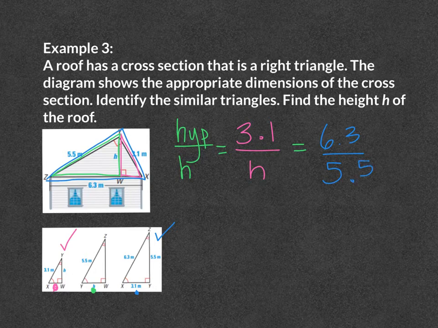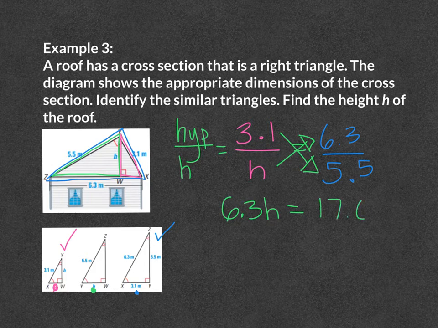So now I'm going to cross multiply. 6.3 times h is 6.3h. 3.1 times 5.5 gives me 17.05. Now I'm going to divide both sides by 6.3 so I can isolate h.